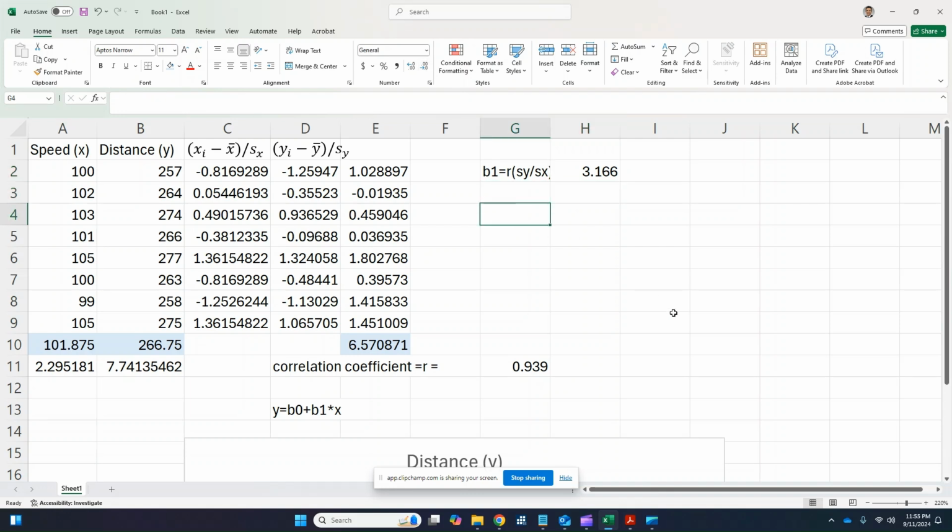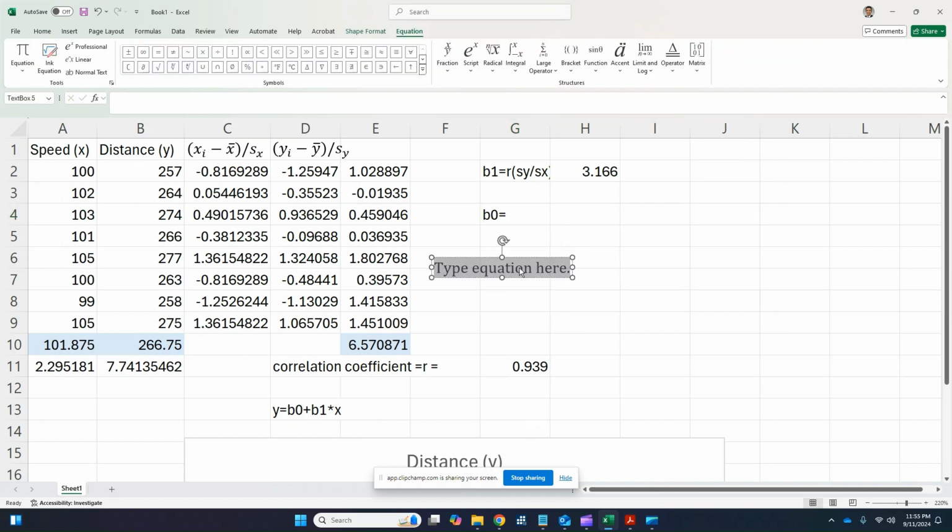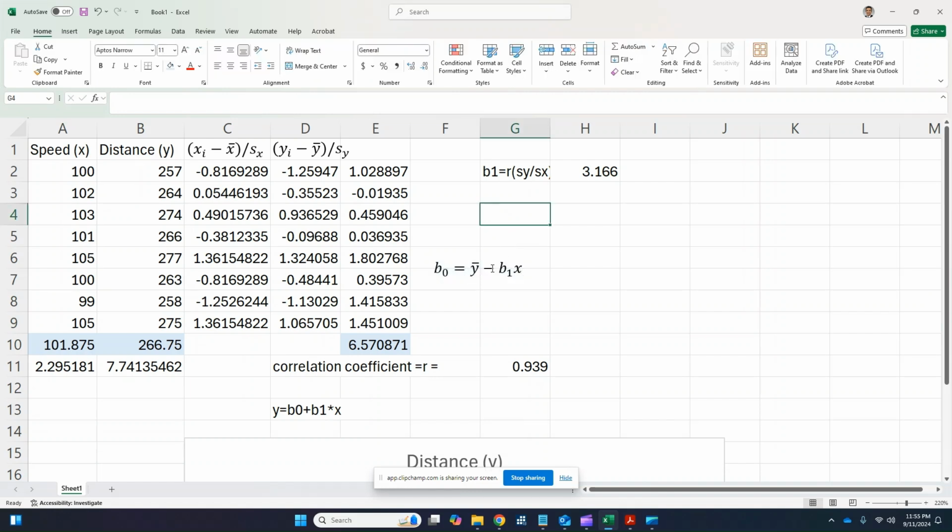And then how do we find b0? b0 is y bar minus b1 x, and that is, sorry, I need to use x bar. So b0 is y bar minus b1 times x bar.